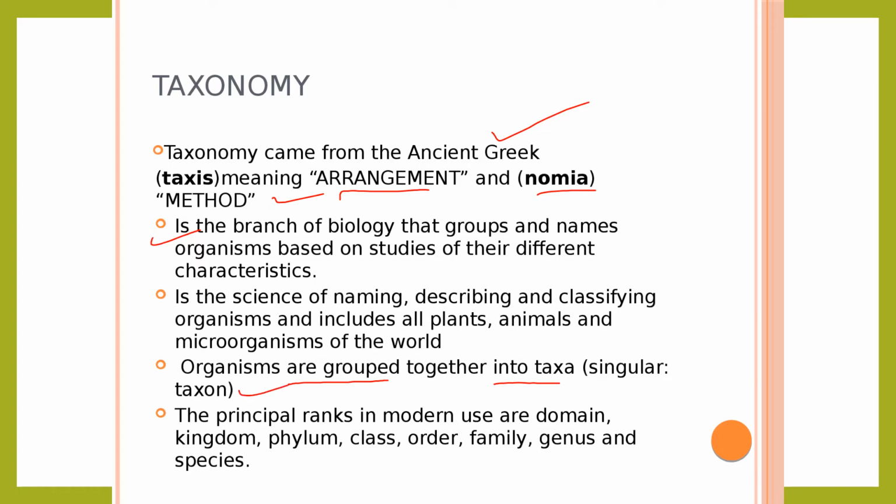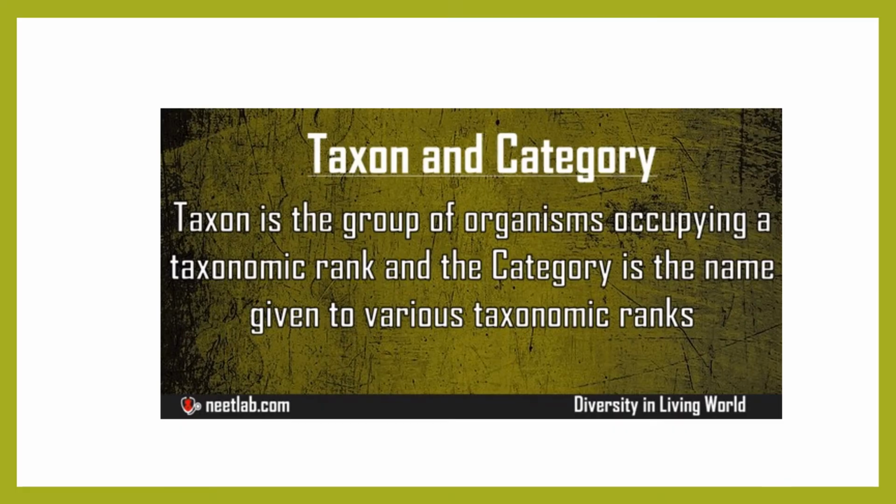Taxa is plural, taxon is singular. So the principal ranks in modern use involve different categories. What are those categories? Kingdom, phylum, class, order, family, genus, and species.